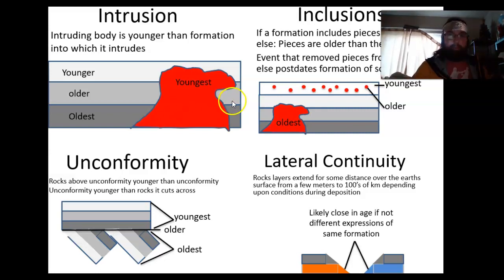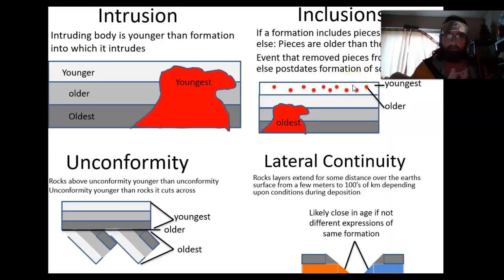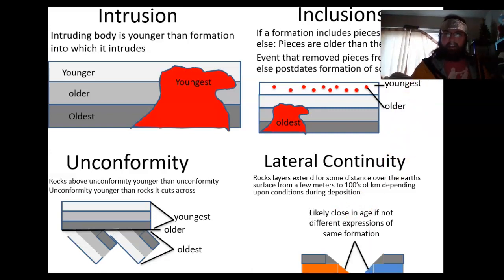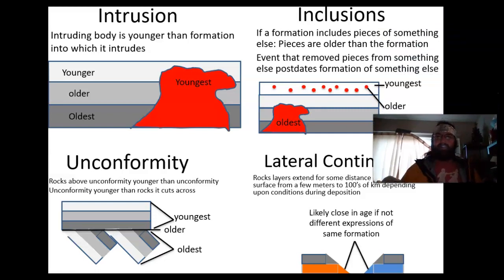Likewise, inclusions. You may have heard the story of how they found a human tool embedded in some rock, and that rock had been dated to be many, many, many millions of years old. And everyone's like, well, this is proof that evolution's wrong.